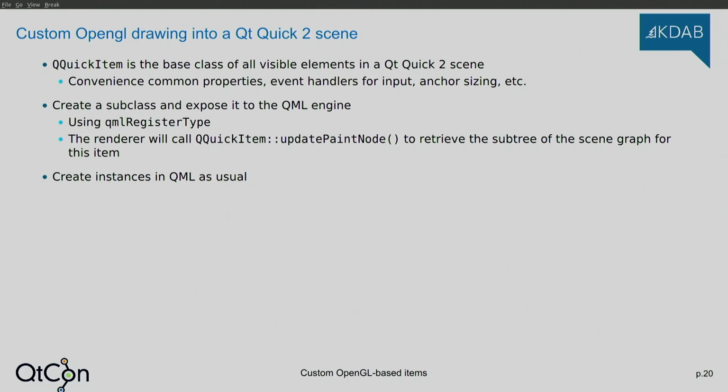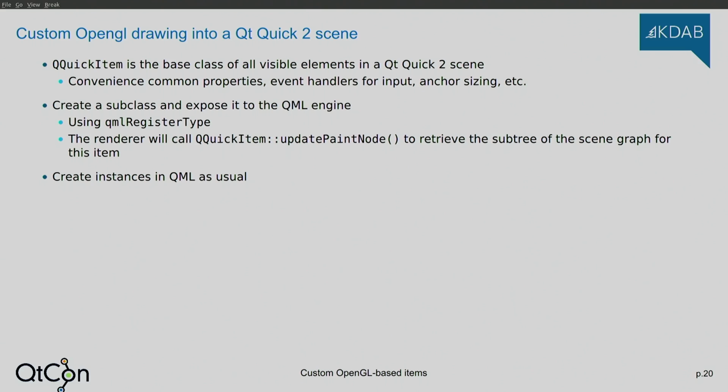Now, a way we can go there is to subclass QQuickItem, expose it to the QML engine by using qmlRegisterType, and then provide my custom updatePaintNode implementation. That is the function that gets called by the render thread whenever it wants to synchronize and extract visual information of my item.